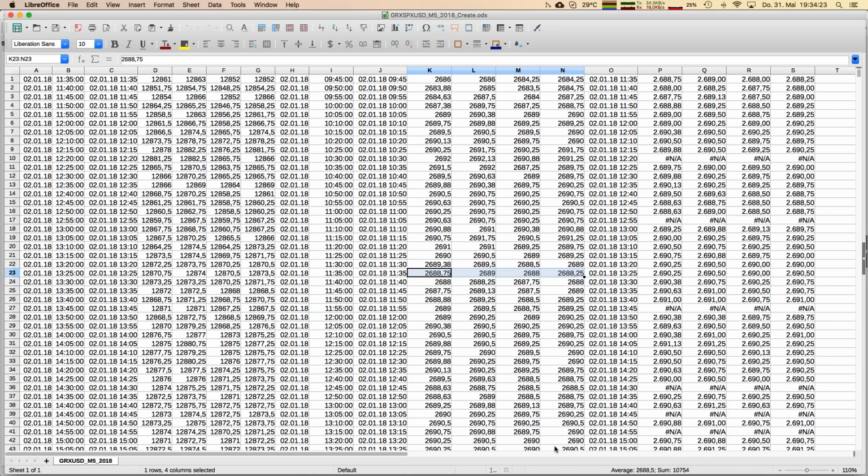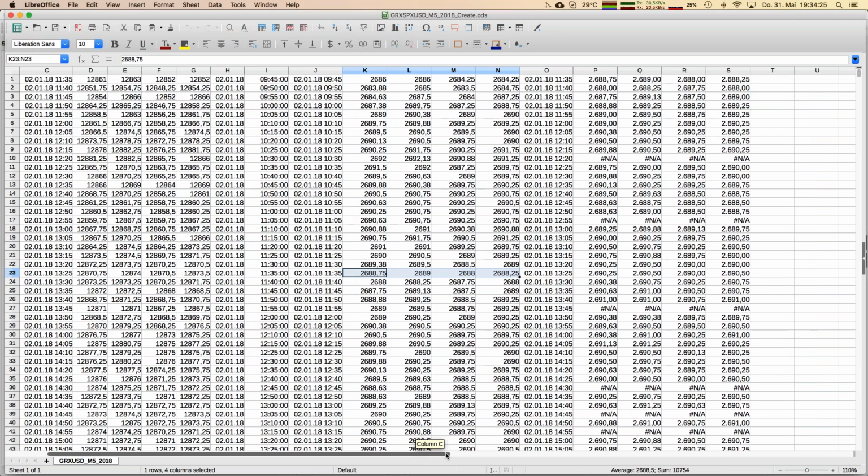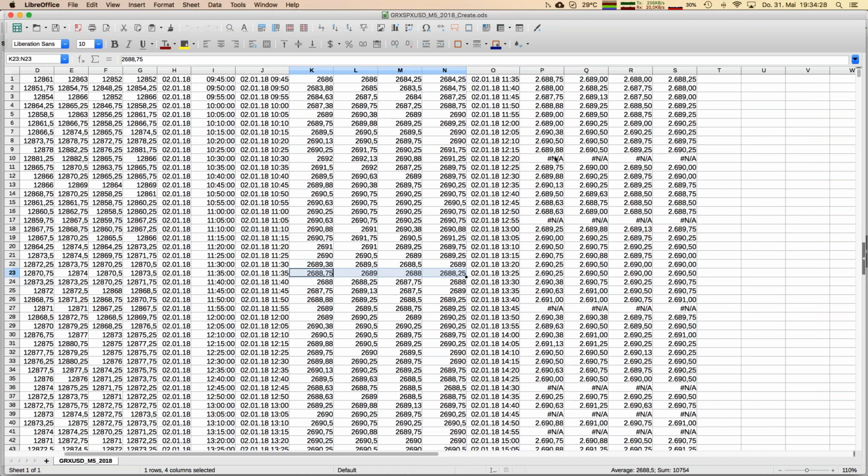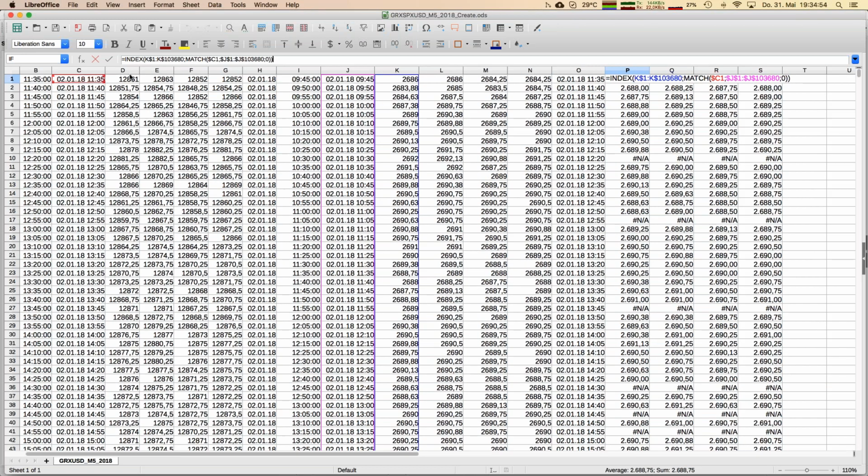Let me turn it a little bit more to the right. And the cool thing is you can do it with a single formula. And all you need is that kind of formula. I don't want to go into the details, but it's more or less in the sense like: please search for that time, the time C1, which is the same here.